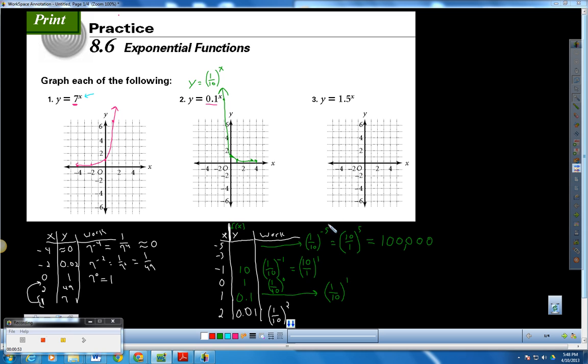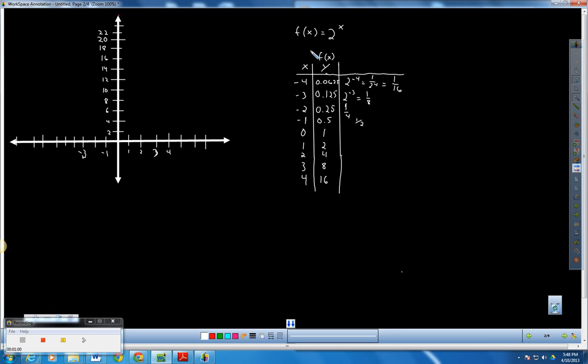What I really want to graph with you is 2 to the x power. Okay, f of x, this is the function, 2 raised to the x. And that f of x could be a y as well. Get used to using that. I've picked my table of values here, and some people say they pick them randomly. In this case, I selected them in order, right? -4, -3, -2, -1.